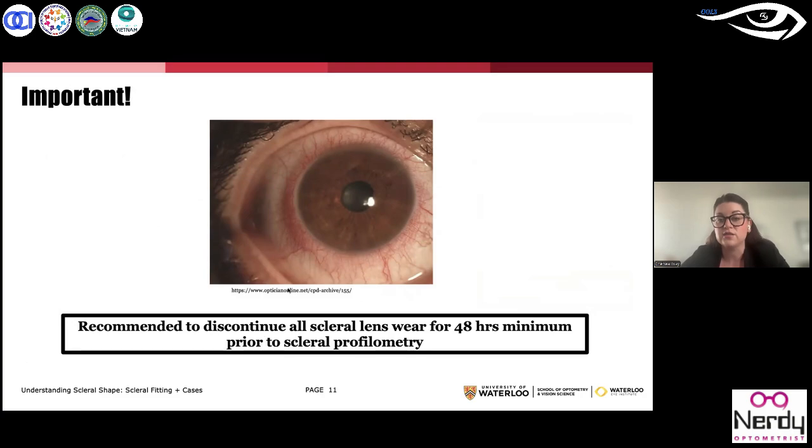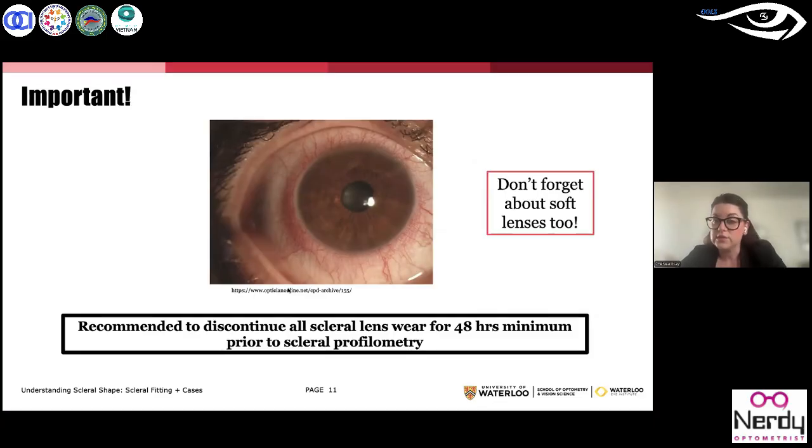This will affect the measurements, and you'll get a less accurate scan, and a less accurate lens if you order from that scan. Also, soft lenses. Any sort of contact lens wear should be discontinued before taking any of these scans.